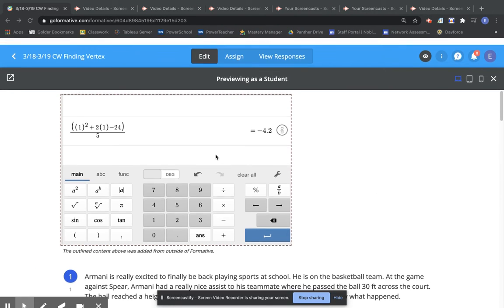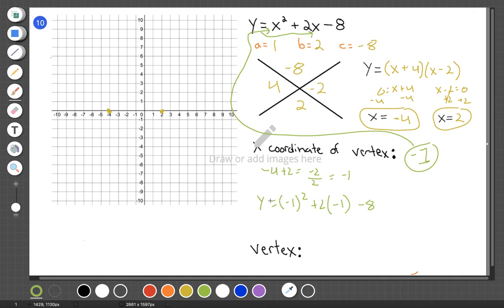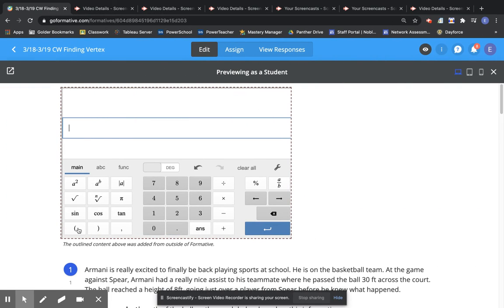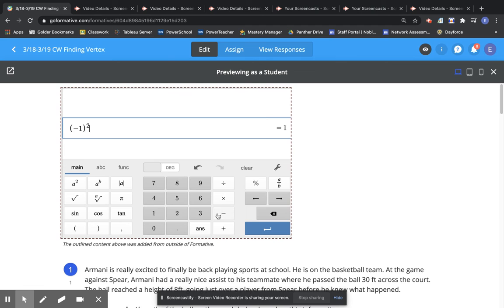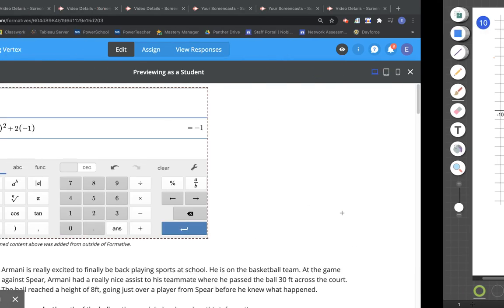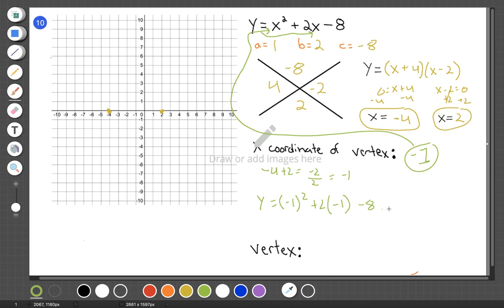So we're going to move to our calculator, just delete all this old stuff. So parentheses, -1, parentheses squared, plus 2, parentheses, -1, close your parentheses, then -8. Okay, we got -9. So y equals -9.